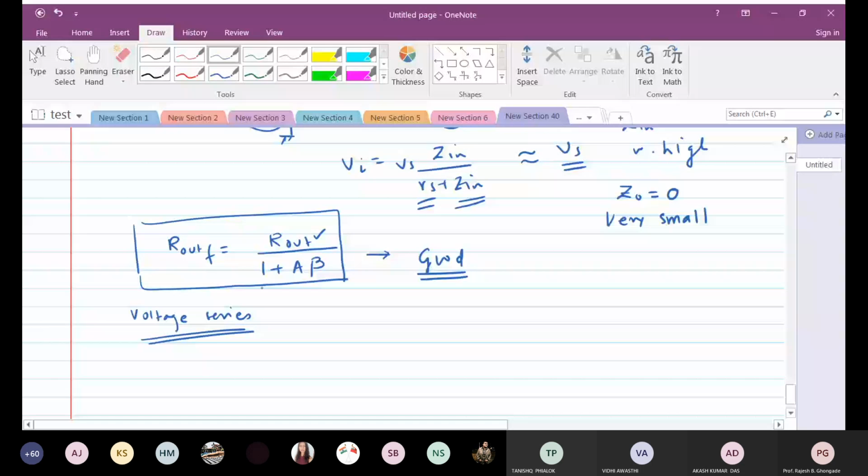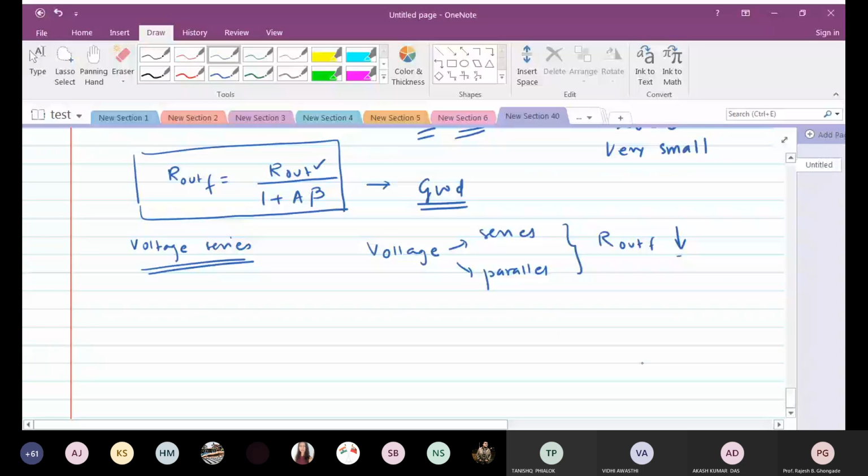But in case of voltage feedback, it can be series or parallel, always the output impedance decreases.